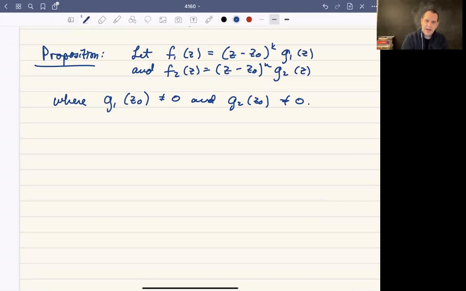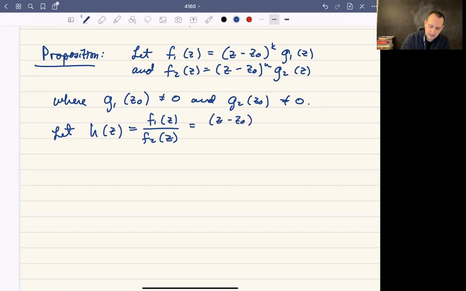Then let's think about what happens to f1 over f2. So let's let h be the function f1 over f2. And let's think about what's going to happen here. This is really not anything surprising, but I just wanted to write this down.